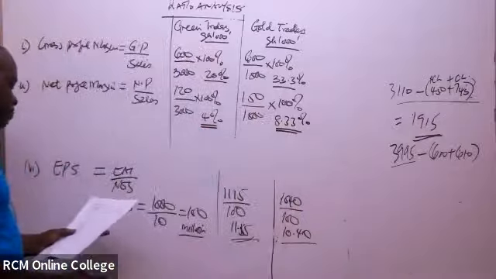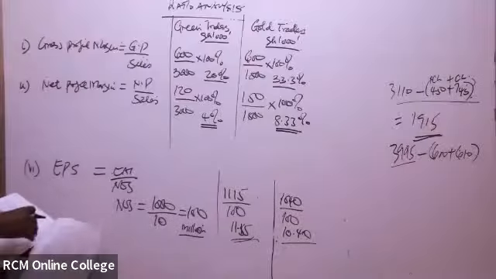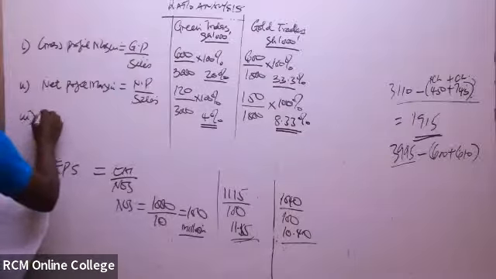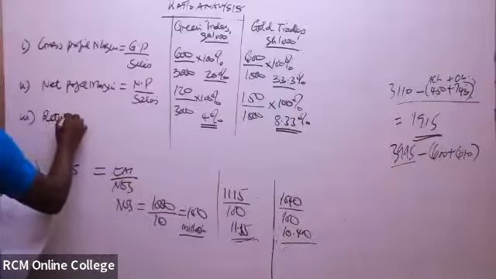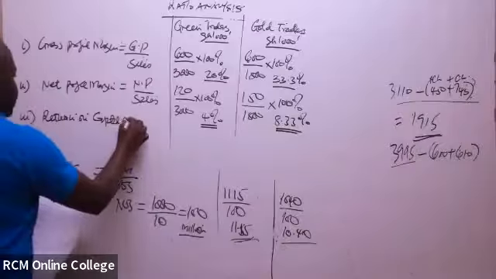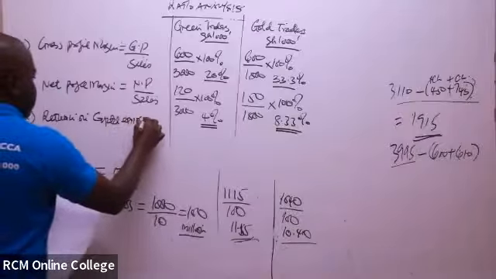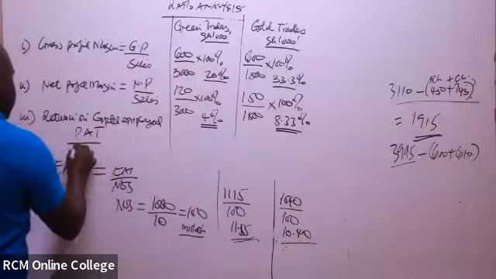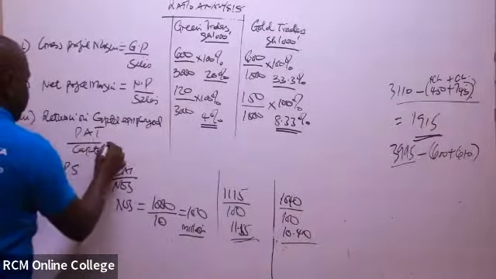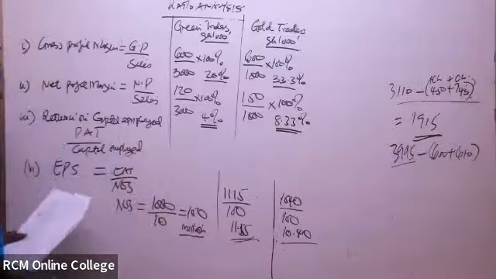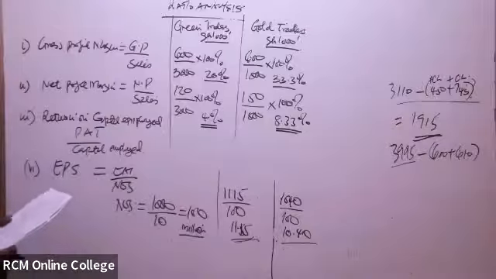Exactly, 8.33%. Then number 3, you've been called upon to calculate the return on capital employed. The return on capital employed, you should take the profit after tax over the capital employed.